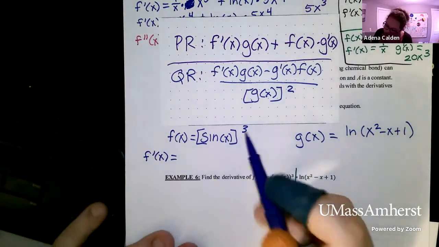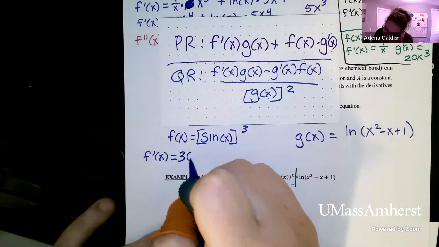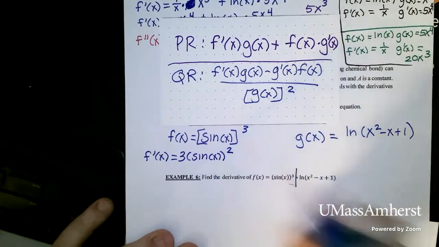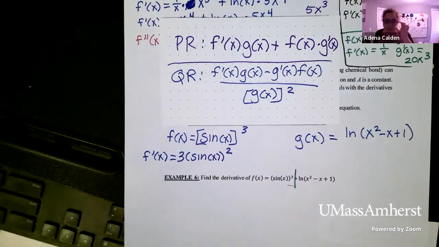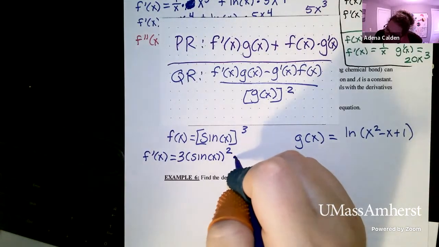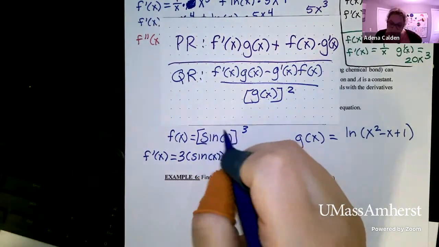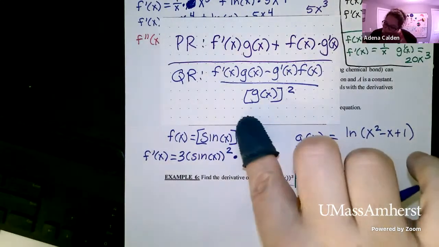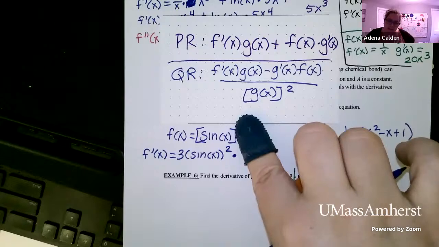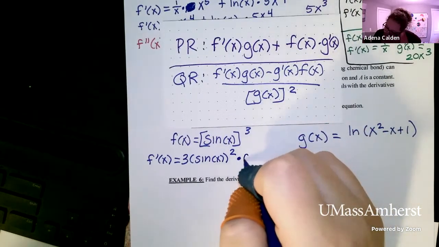I'm going to deal with the outside power first. So I have 3, everything inside stays the same, and subtract 1 from the power. So I have 3 times sine x squared, but then I have to multiply that by the derivative of the inside. So the derivative of the inside is whatever's inside the parentheses, which was the sine of x. The derivative of sine of x is cosine of x.